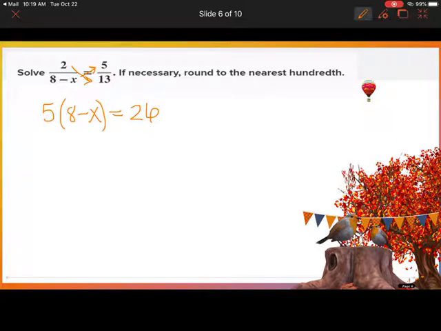So now I'm going to go through my steps of solving. I distribute. So I have 40 minus 5x equals 26. I'm going to get my variable by itself, so I'm going to subtract 40 from both sides. And that goes away. And that equals negative 14.